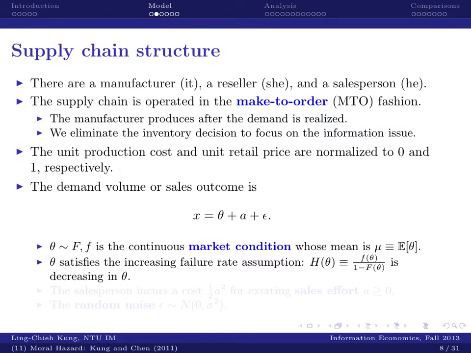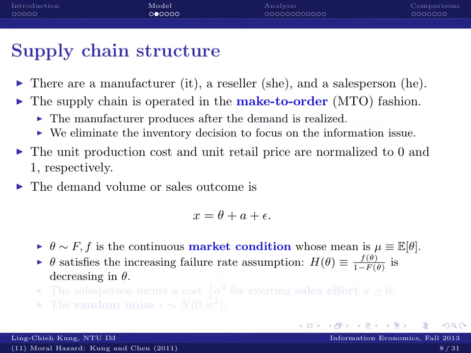Theta is the continuous market condition. Its mean is mu, and we assume theta follows capital F and small f as the CDF and PDF. We do not make specific assumptions on F, but we assume theta satisfies the increasing failure rate assumption.